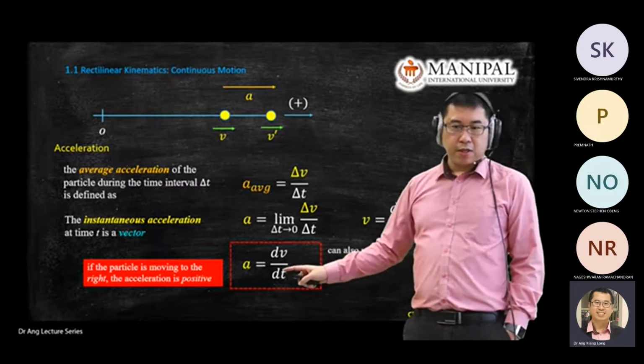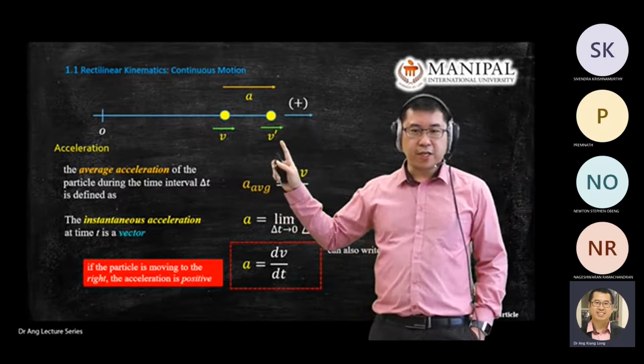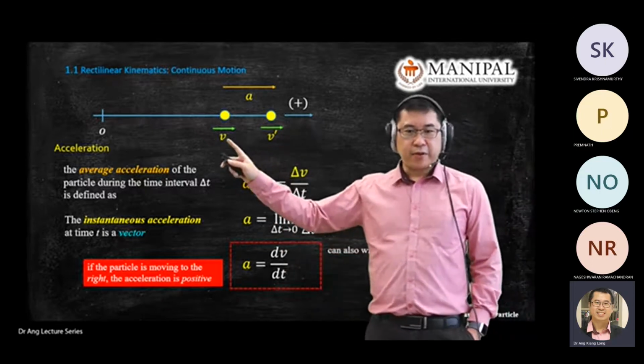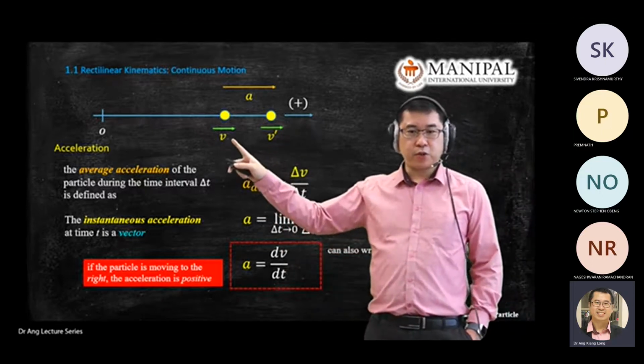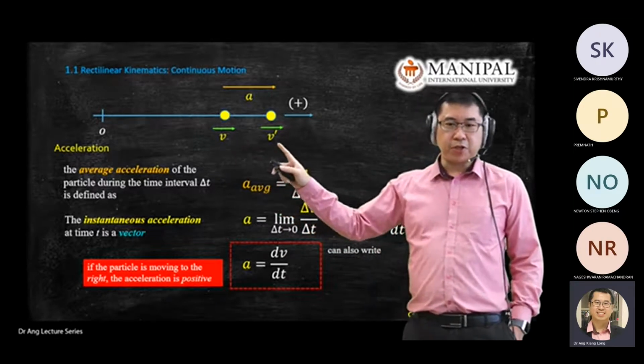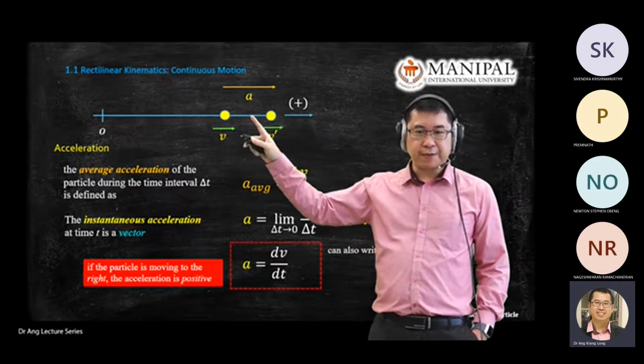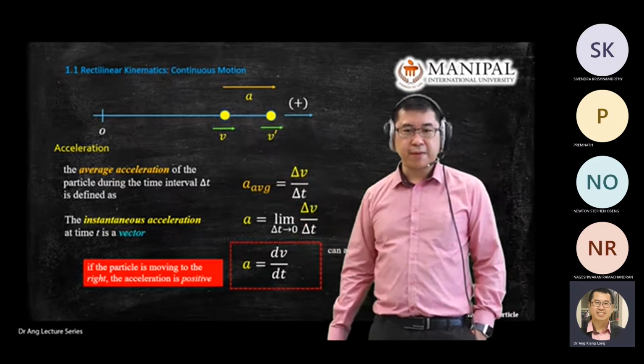Sometimes in a question, we will not give you the velocity. When it comes to the test or final exam, you need to find the velocity from the position. In a question we'll give you the position of the particle at that particular time.